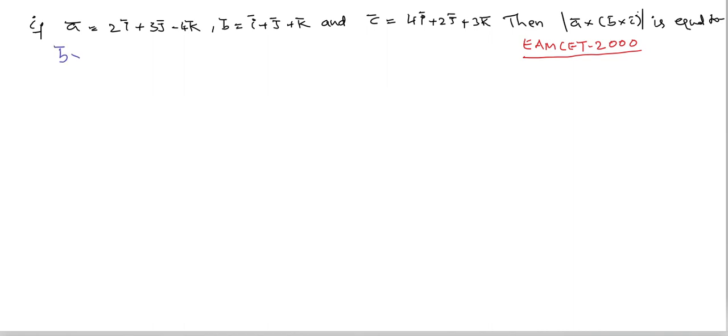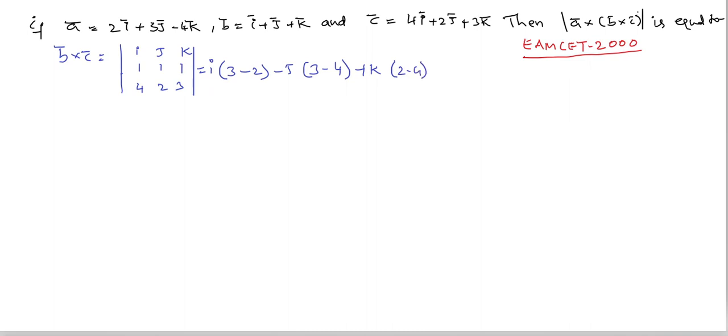First we find b bar cross c bar, that is equal to determinant i j k, b bar is 1 1 1, c bar vector is 4 2 3, that is equal to i into 3 minus 2, minus j bar into 3 minus 4, plus k bar into 2 minus 4, that is equal to i bar plus j bar minus 2k bar.